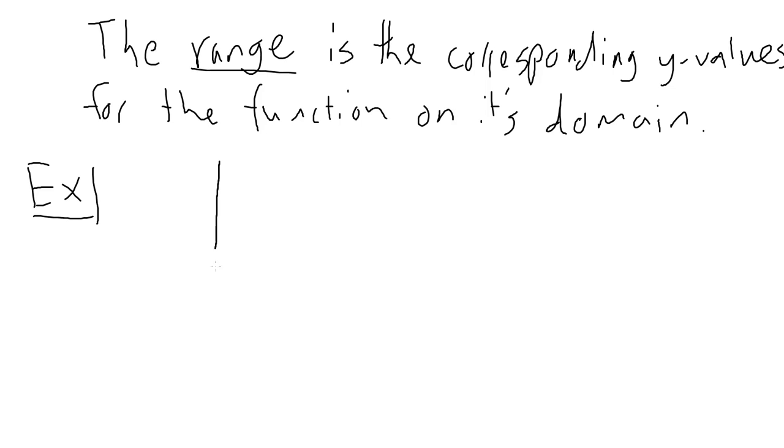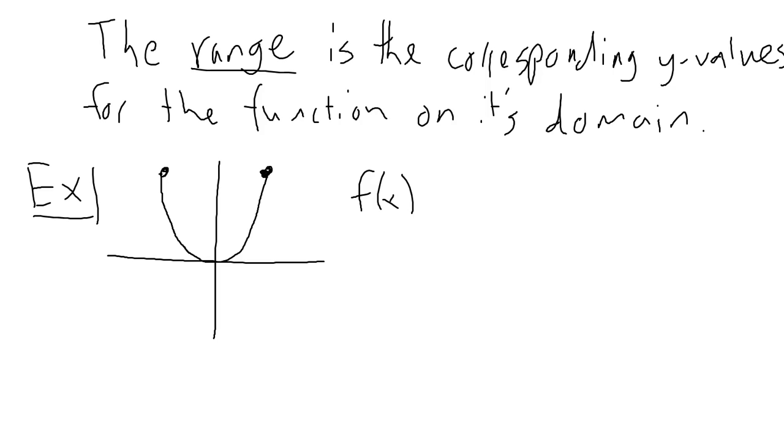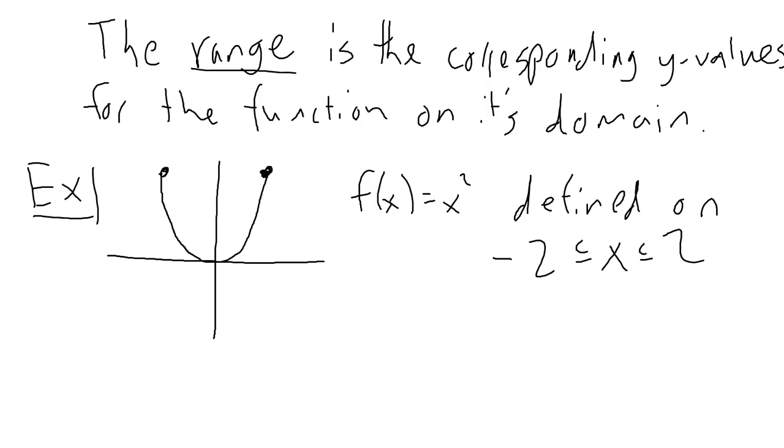So here's an example. Like I was saying before, we could have a function that looks like this, where this is supposed to be f of x equals x squared, but it's explicitly said it's defined on x in between -2 and 2.